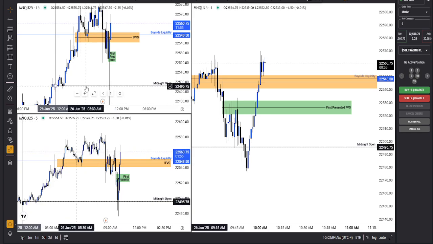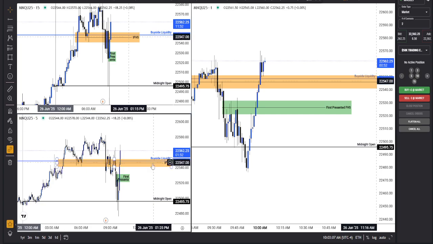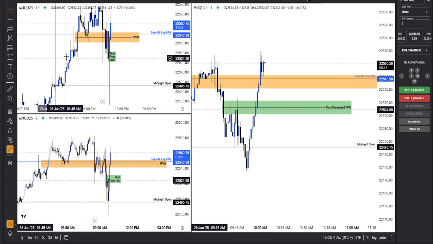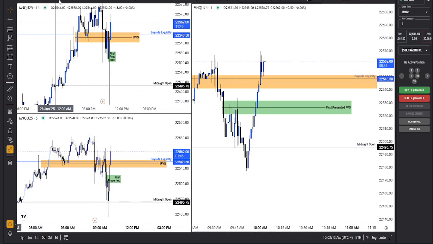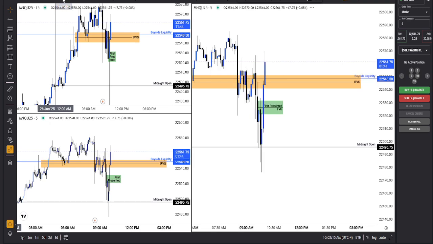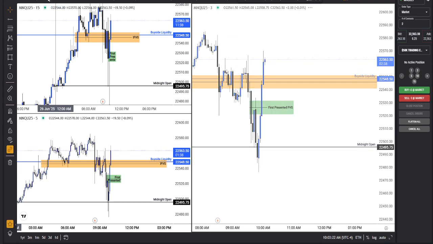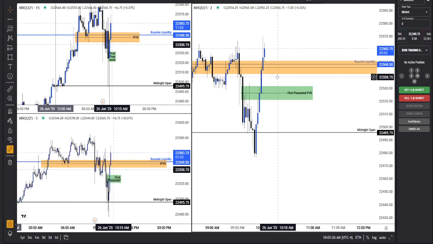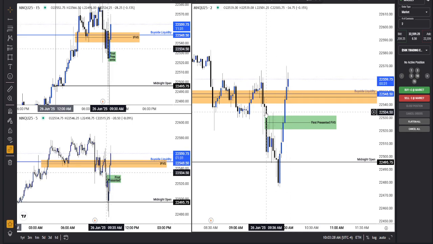What's going on here? On the 5 minute, there's a gap on the 5. We just took out these highs and we inverted this.